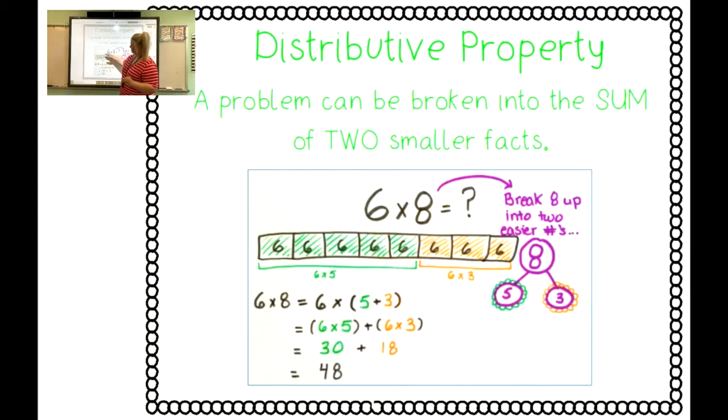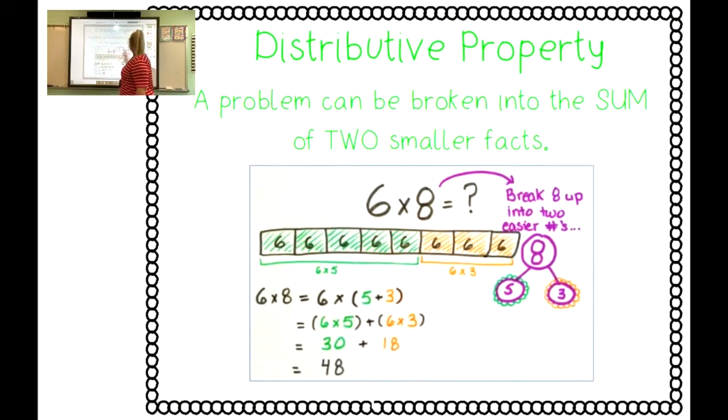So look right here, 6 times 8. That means I have 8 groups of 6, but I can break it up into one group of 5 and one group of 3. I broke this 8 right here up into 2 smaller numbers, 5 and 3, because 8 is 5 plus 3.